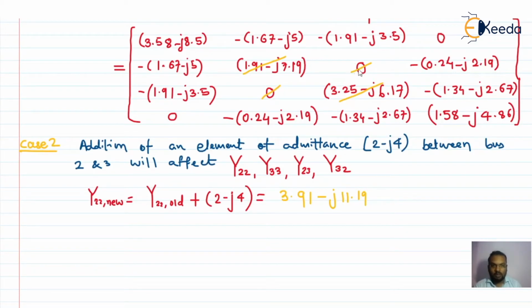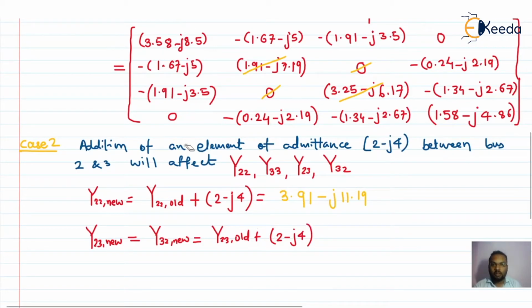Now we'll see the modification on y23 and y32. y23 new, or what we can say y32 new, both are the same. It will be y23 old plus 2 minus j4.